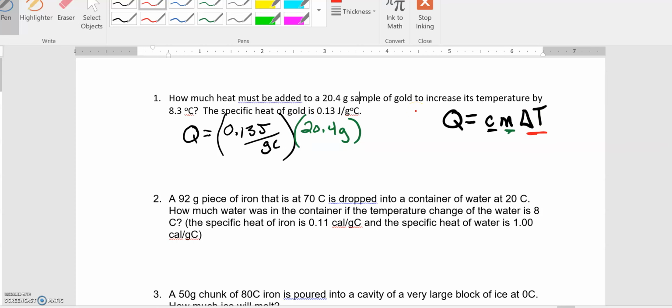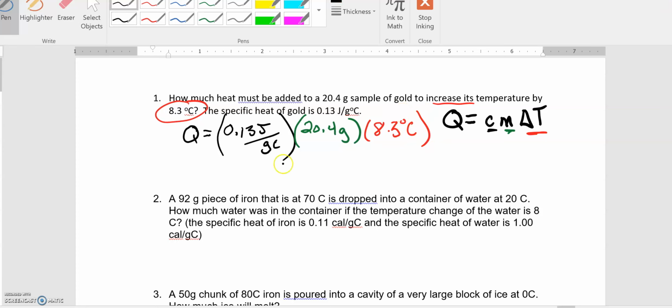This is another part that you have to watch out for. Sometimes they will just give you the starting temperature and the ending temperature. Well, to find your change, you would have to subtract those two values. In this case, they are telling us the change in temperature was 8.3 degrees Celsius, so we don't have to do any subtraction for that one. They just gave it to us.